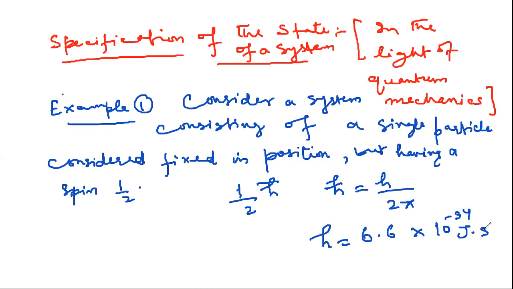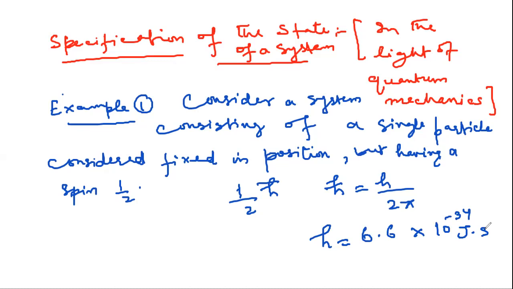So if I have such a system in which I have a single particle which is considered fixed in position, but it has spin half, its intrinsic spin angular momentum is half h bar, where h bar is h by 2 pi. h is the Planck's constant, which has the value which I have specified.